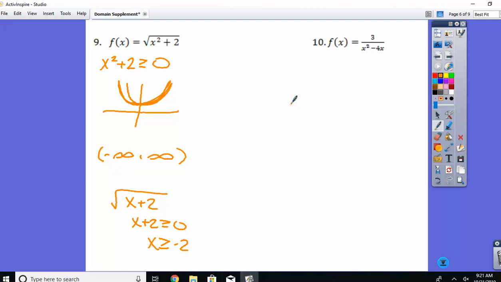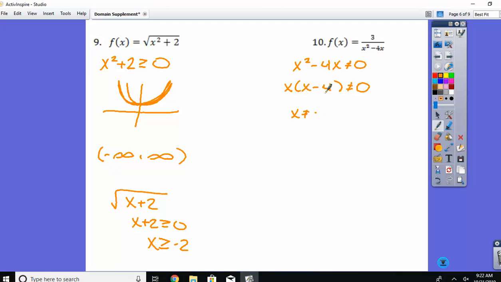So we have a fraction. What do we know? Okay. Could we factor this? X squared minus 4x, what would we do? So what can x not equal? Negative 4.